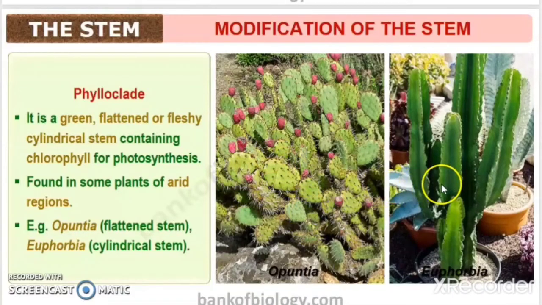And some plants have a green fleshy cylindrical stem. You can see the euphorbia, it also comes under this category. So this is the cylindrical stem, this is the flattened stem. These Phylloclads have green stems, and these green stems may be either flattened as in Opuntia, or fleshy and cylindrical, which we see in euphorbia.